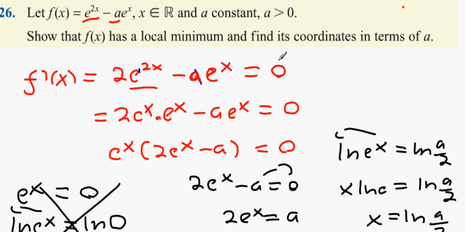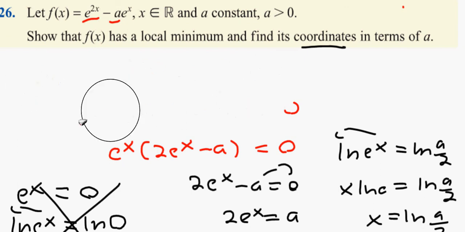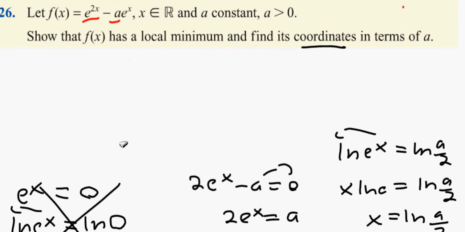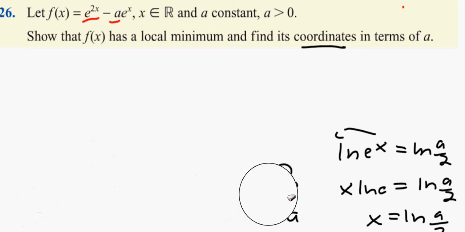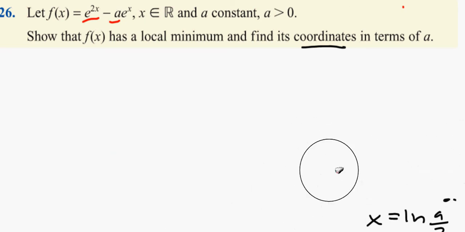Okay, so x equals ln a over 2. Now, it wants the coordinates in terms of a. So I've already used the first derivative, which means I don't need it anymore. And I already got x equals ln a over 2. So what I've got to do is replace x with this and find the y value.